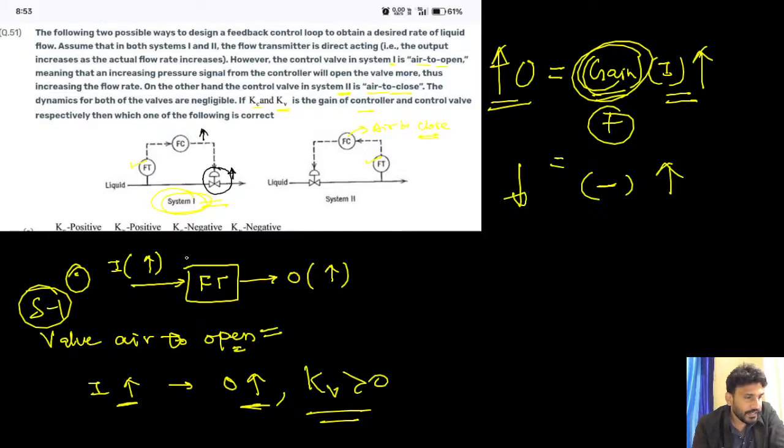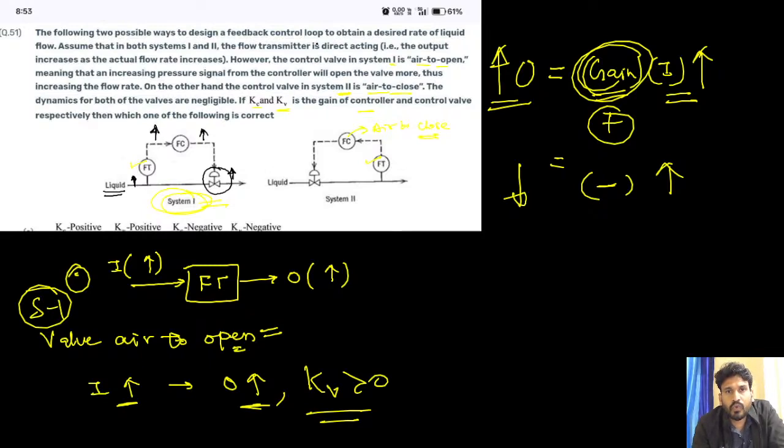Is it clear to you? ठीक है. And FT is what? FT is your direct acting. It means, let's suppose if my liquid flow rate is increasing, FT also gives the feedback to the controller as increasing.